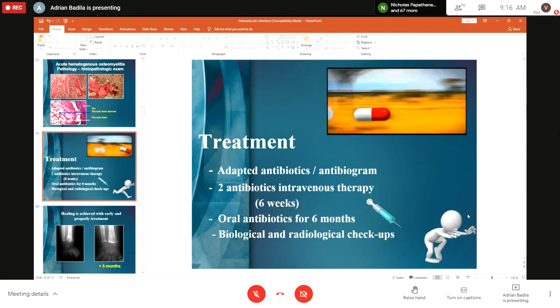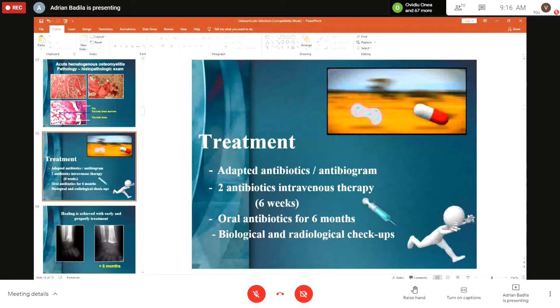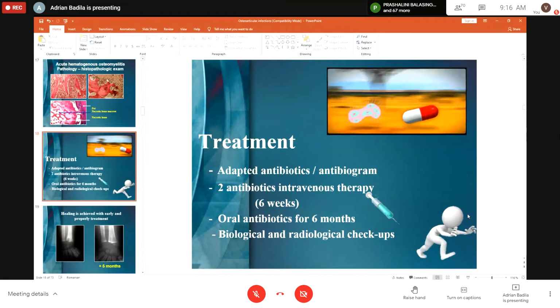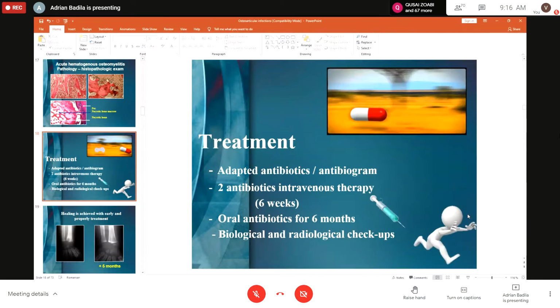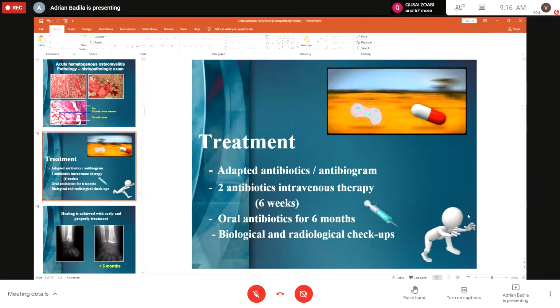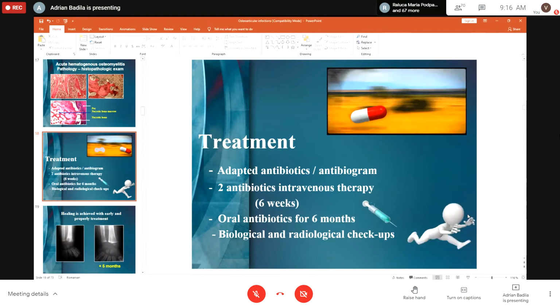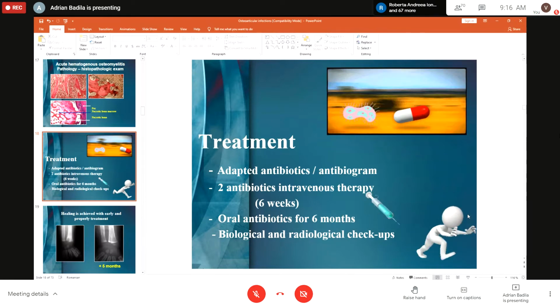The treatment. The treatment consists of antibiotics adapted to the antibiogram obtained by culture. And the usual treatment is 2 antibiotics by intravenous therapy for 6 weeks. Why so long? Because the bones cannot defend themselves against an infection.